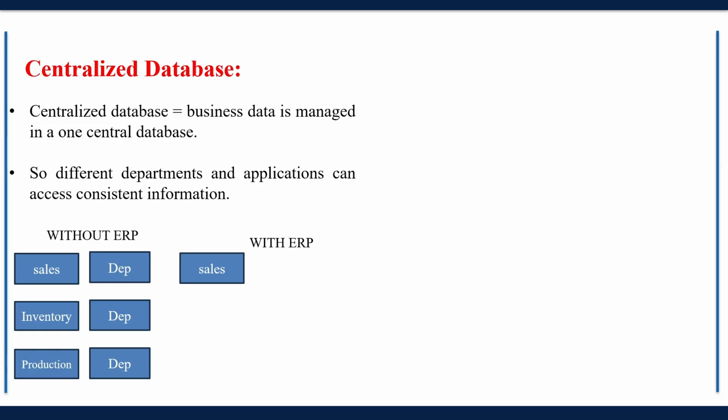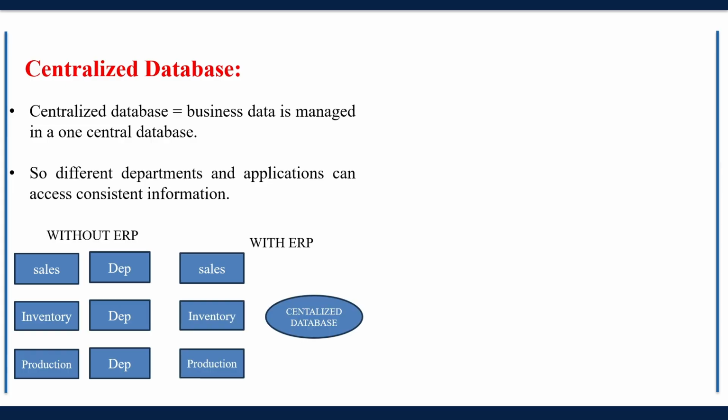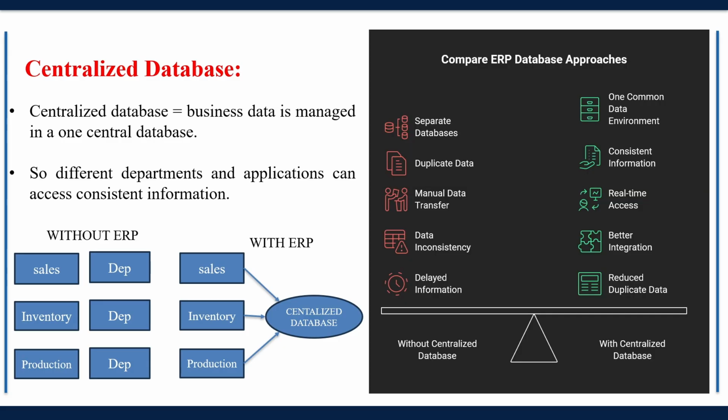But with an ERP, sales, inventory, and production all use a centralized database. All the data will be stored in the centralized database. So it is easy to access the data, it does not allow duplicate data, and it is better for integration when we use the centralized database.